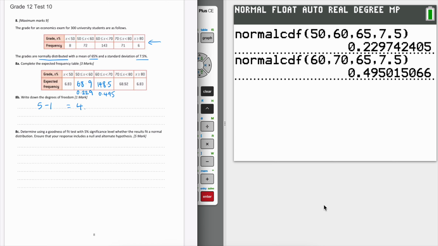And then we're going to use a goodness of fit test with a 5% significance level in order to see if it fits the normal distribution. Anytime you are doing any sort of statistical test, the first thing is to write down your hypothesis. The first one is that the number of students follows a normal distribution.